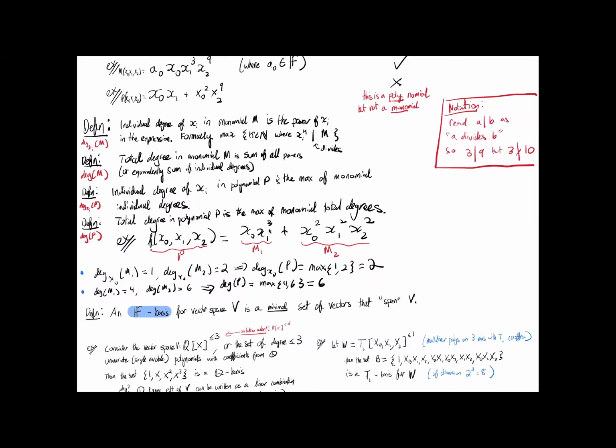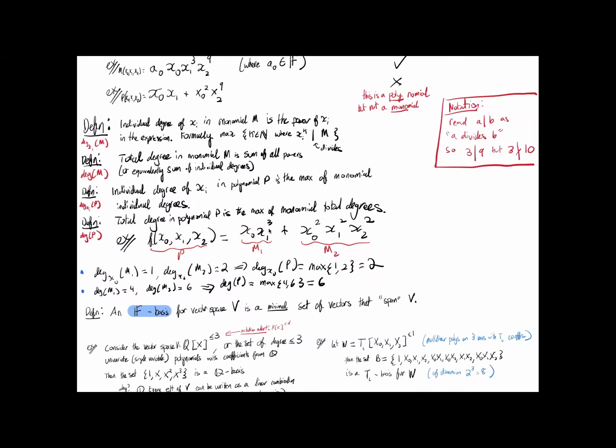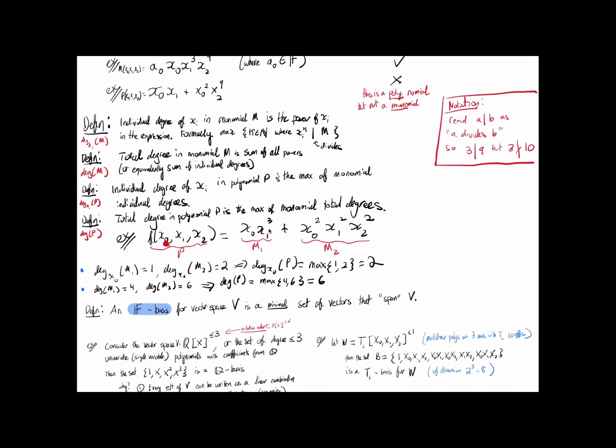If I ask what the individual degree of x0 is of this polynomial, I can say the individual degree of x0 in monomial 1 is 1. The individual degree of x0 in monomial 2 is 2. Therefore, the individual degree of x0 in this polynomial is the maximum of 1 and 2, which is 2.